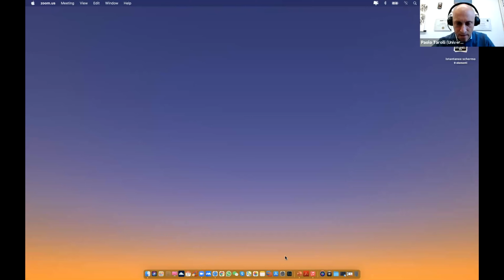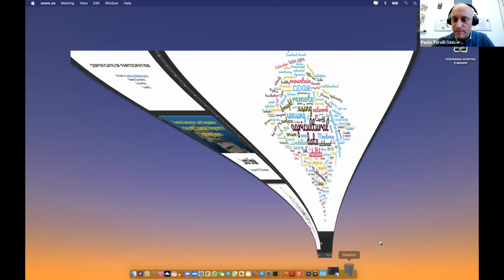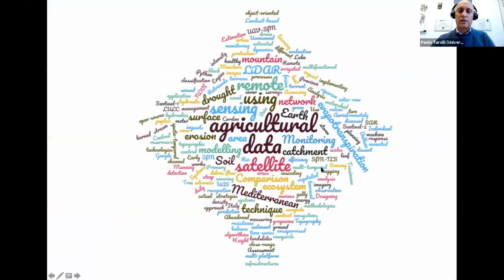In order to close this great day, I just played a little bit with the Word Cloud software. I would like to share a kind of summary based on the keywords of the titles of the talks we had today. Just give a minute to look at the cloud of words. It's interesting to note that the main keyword is agricultural, but also we have data.